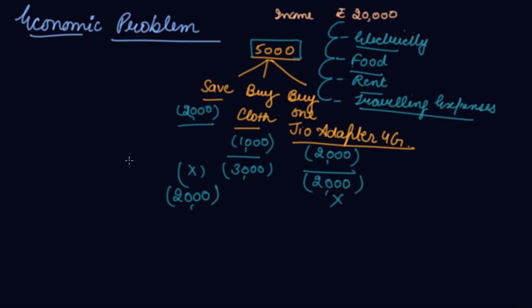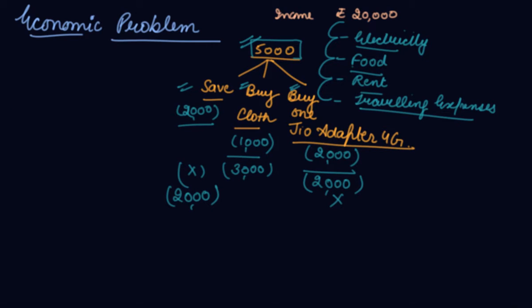So the problem is to choose among the various alternatives, or your allocation of resources. How you should allocate your resources to the different uses? So how to choose something, this is the economic problem we have.